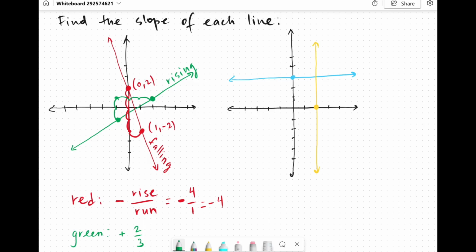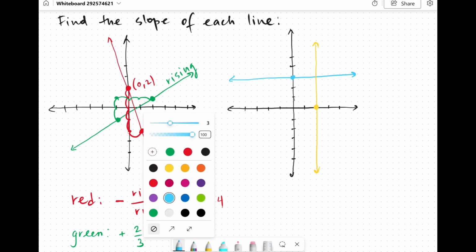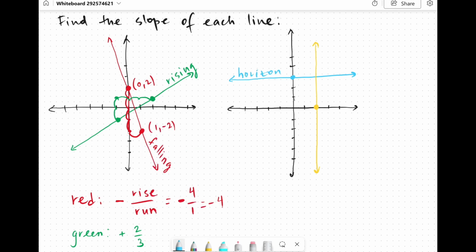Moving on to the picture on the right, you have the blue line, which is horizontal, and you also have the yellow line, which is vertical. I did mention before, but just a reminder, the equation of the blue line, if you were ever asked to write the equation, will be y equals 3.